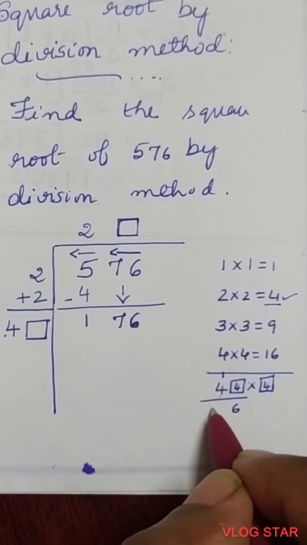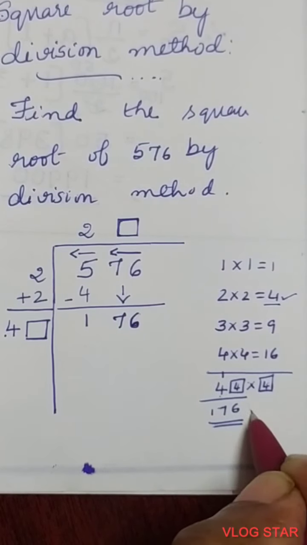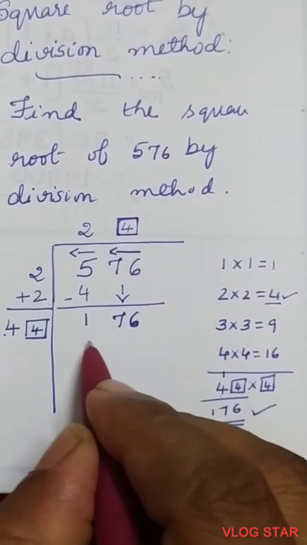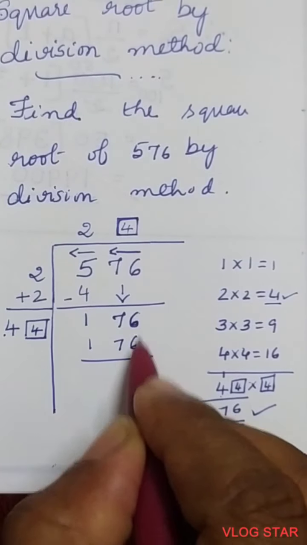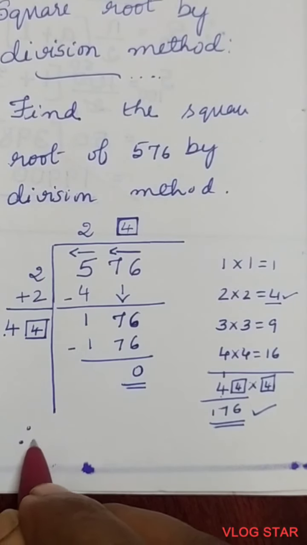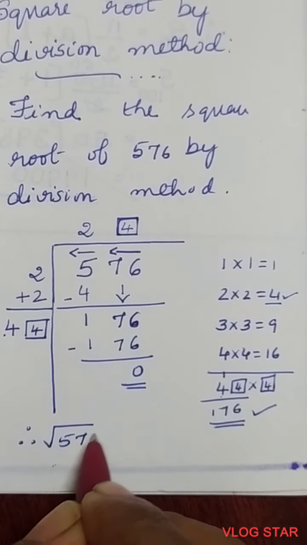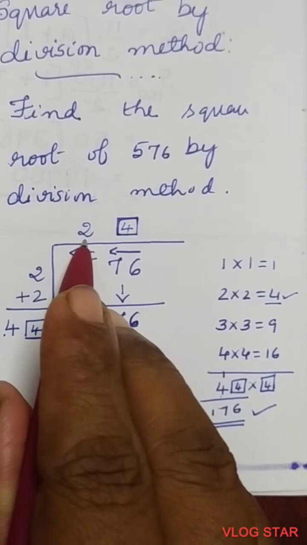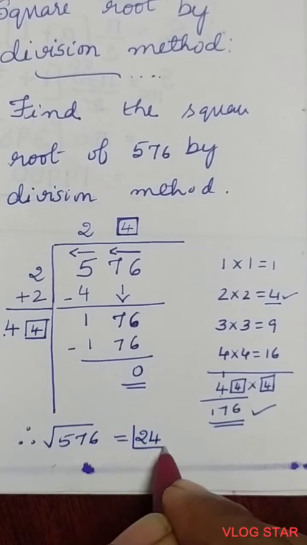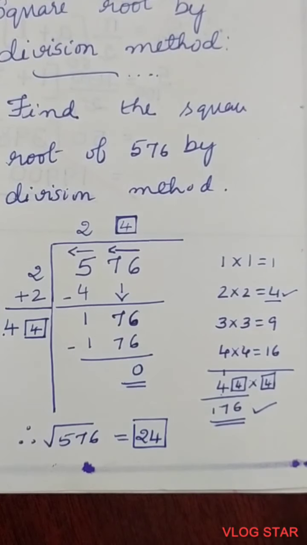We are getting 176. So here 4 and here also 4. Now subtract, we will get 0. Therefore, the square root of 576 is equal to, what is the answer we got? That is 24. It is the square root of the given number.